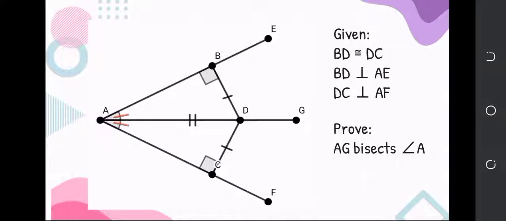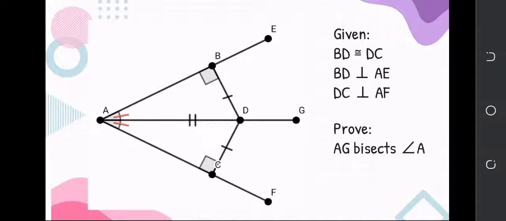Now we have to put the markings of the given and their consequences, and also of the statement that we have to prove. So, first given, markings on line segment BD, which is congruent to line segment DC. And also, line segment BD is perpendicular to line segment AE, and its consequence is that it will form 90 degrees right angles.